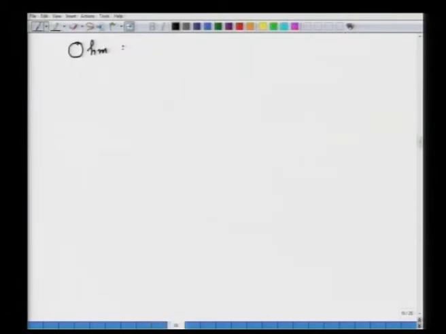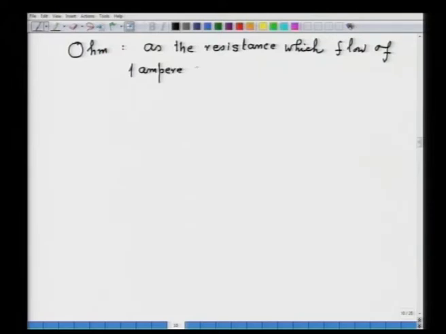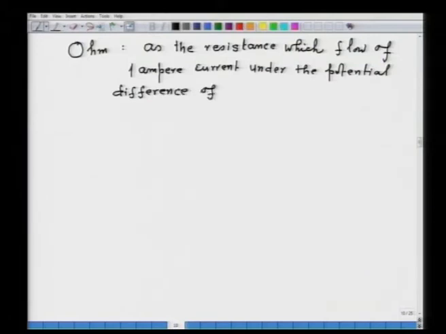Now, ohm is defined as the resistance, it is just a basic and elementary review, is the resistance which permits flow of 1 ampere current under the potential difference of 1 volt. That is how you define the ohm.